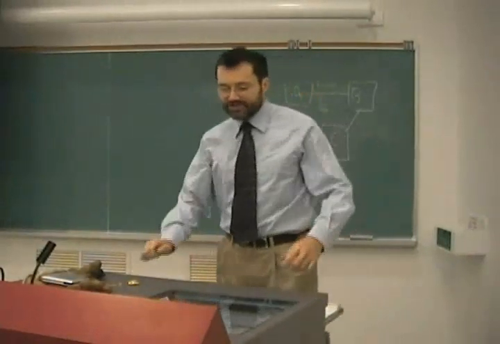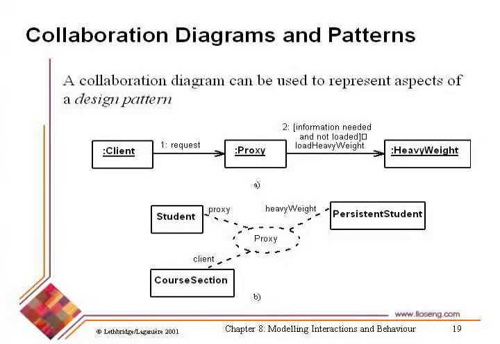Another interesting issue relating to collaboration diagrams is their relationship to patterns. On slide 19, I'm showing at the top the proxy pattern shown as instances interacting. I've got a client object, a proxy object, and a heavyweight object. The client sends a request to the proxy, and then message 2 says condition: information needed and not loaded.